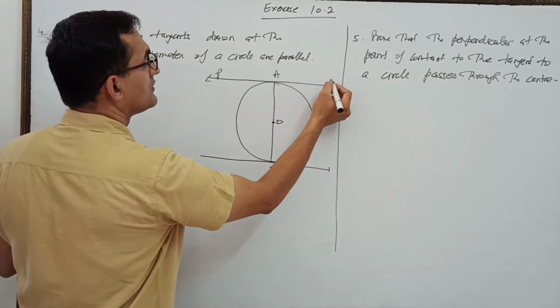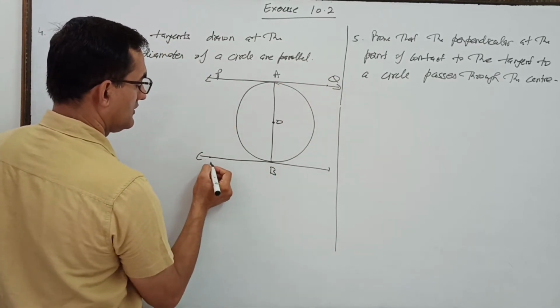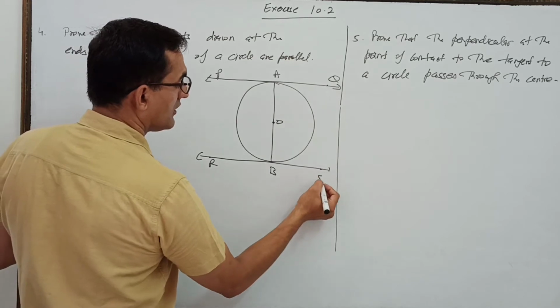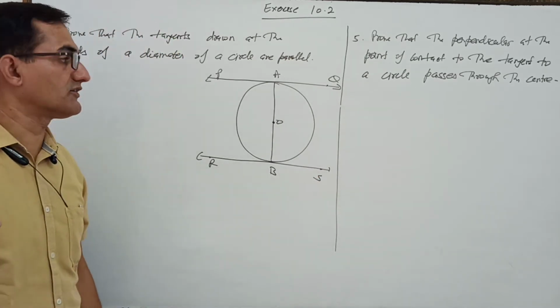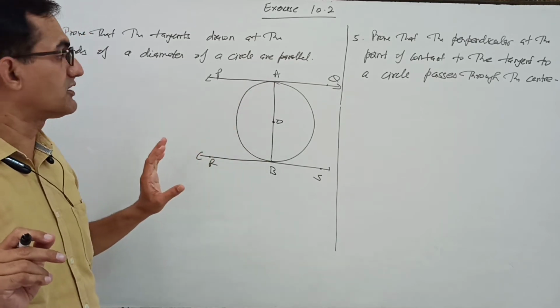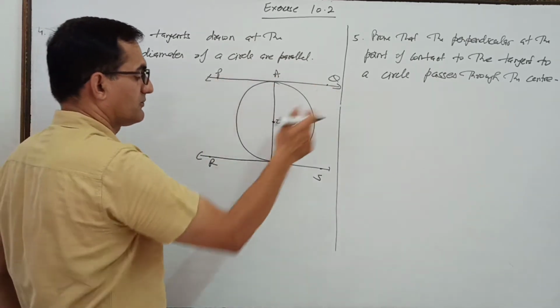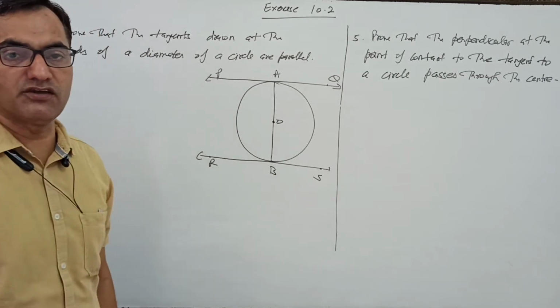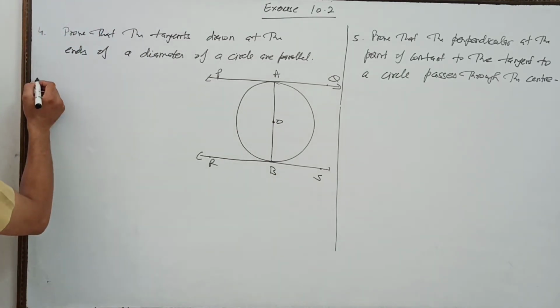This is PQ and RS. PQ and RS are the tangents at the end points of a diameter. We have to prove that PQ is parallel to RS. First of all, write what is given.